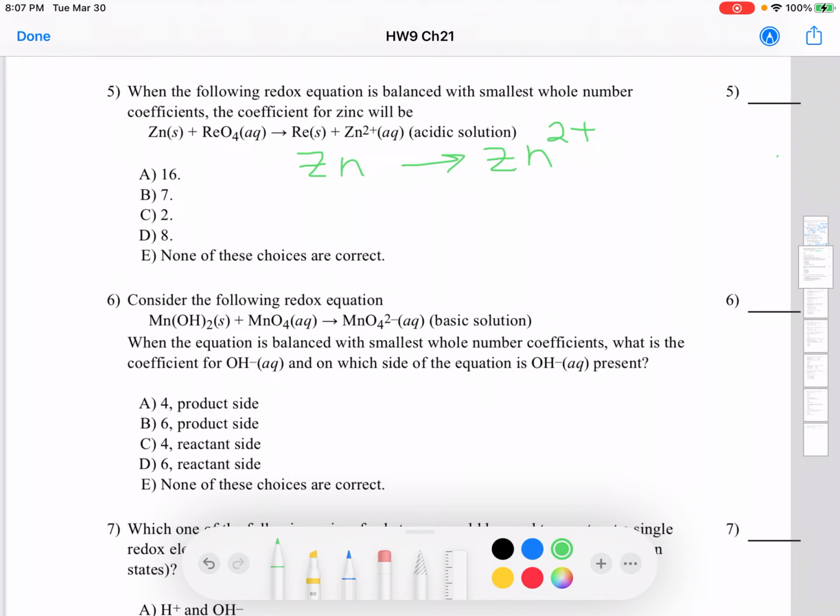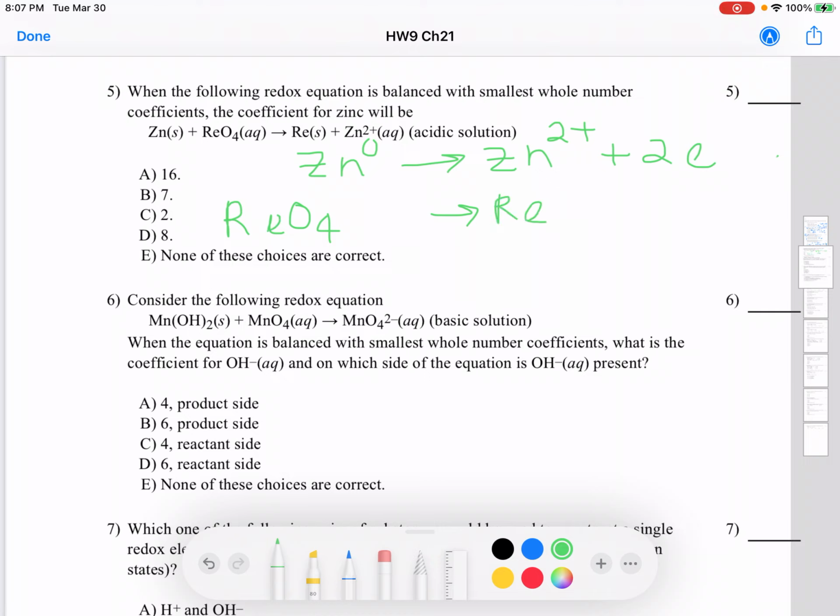It's balanced, zinc and zinc. We need to balance the number of electrons. So this is 0, 2 plus. By releasing 2 electrons, it would become zinc 2 plus.